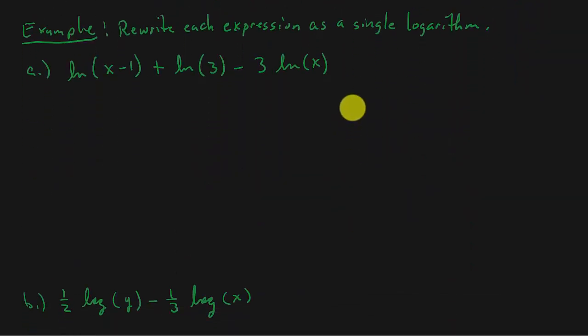All right, now let's rewrite as a single log. Okay, so we want to bring this together as a single logarithm. So remember, addition comes together as multiplication, subtraction comes together as division. The easy way to remember it, like I explained earlier, if it has a plus sign in front of it, it's going to be multiplied across the numerator.